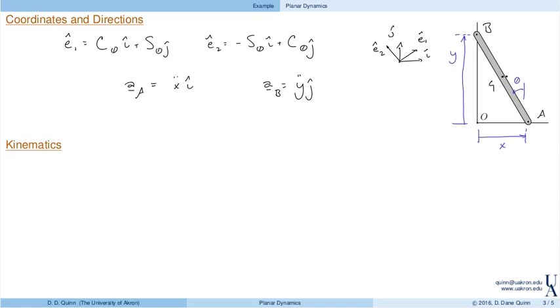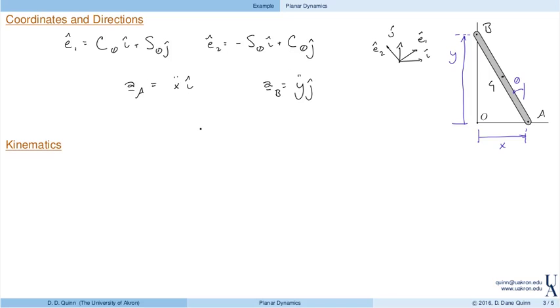However, this is a single degree of freedom system, which means we really only need one coordinate to identify the configuration of this bar. So x and y can be related to theta, or theta and y can be related to x. Y could determine x and theta. We need only one coordinate to describe where this system is. So the other two are related to the one that we choose.